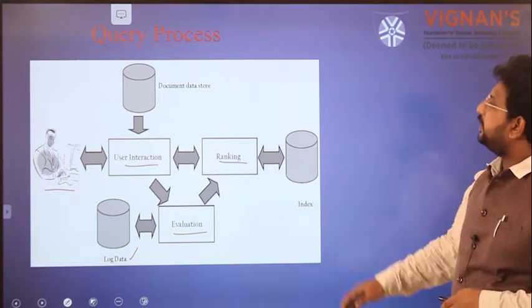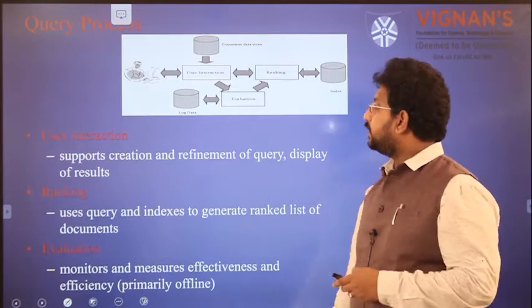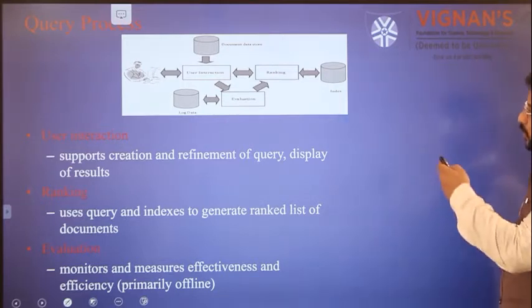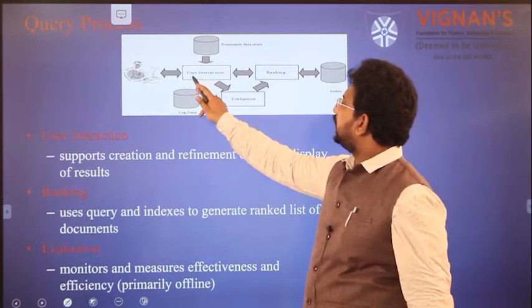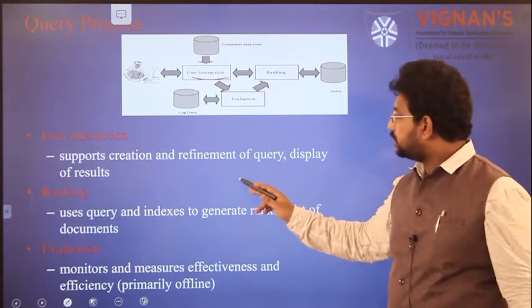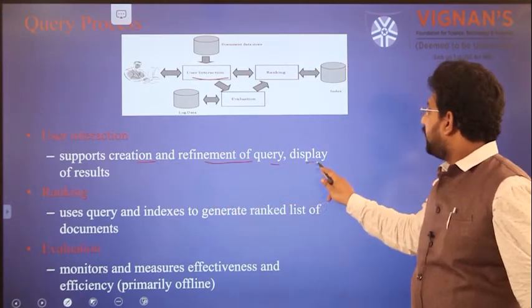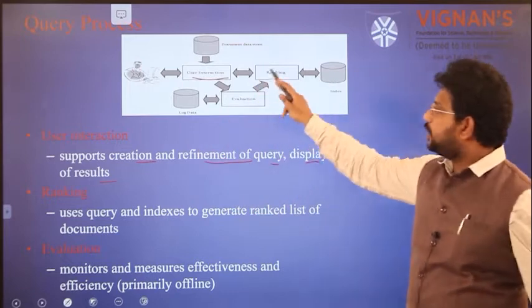We will see each and every component in detail when we try to understand the query process. So what does user interaction provide? It supports creation and refinement of the query and display of results. This is the user interface.